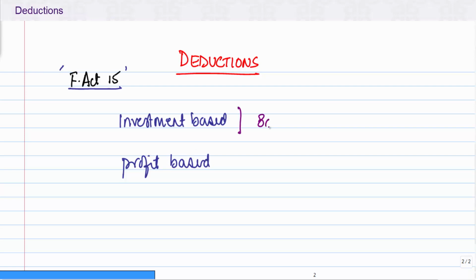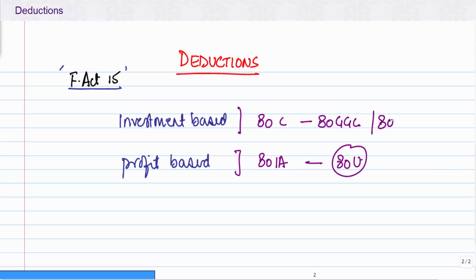Investment based will be generally between 80C to 80GGC, and these are covered by 80IA to, of course, 80TTU. There is no investment in 80TTU, but then again, it will get covered here. So we're going to look at first the investment based. A few rules.